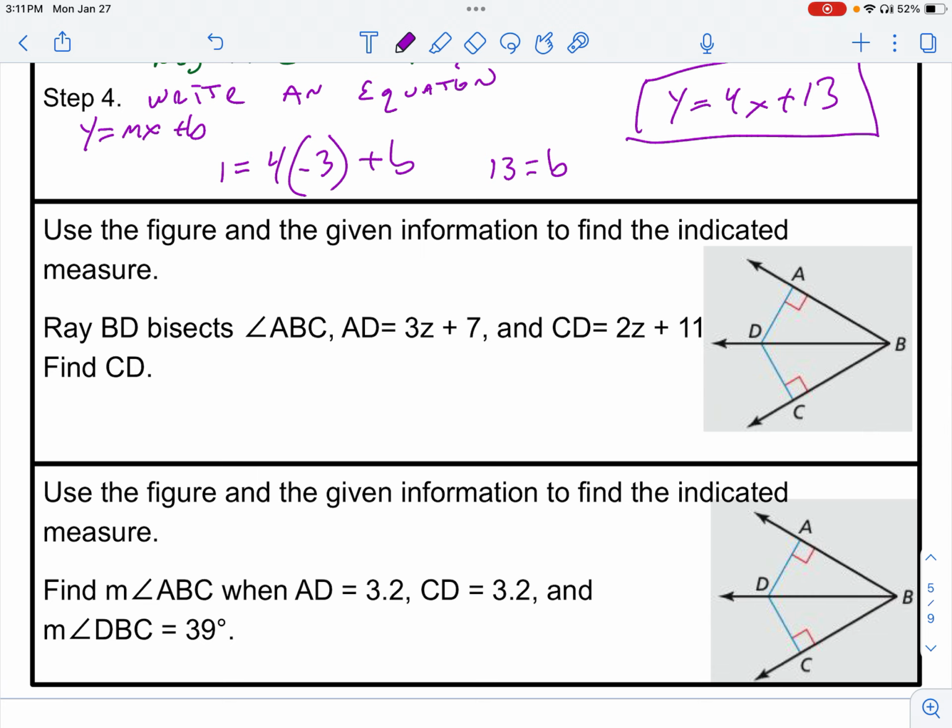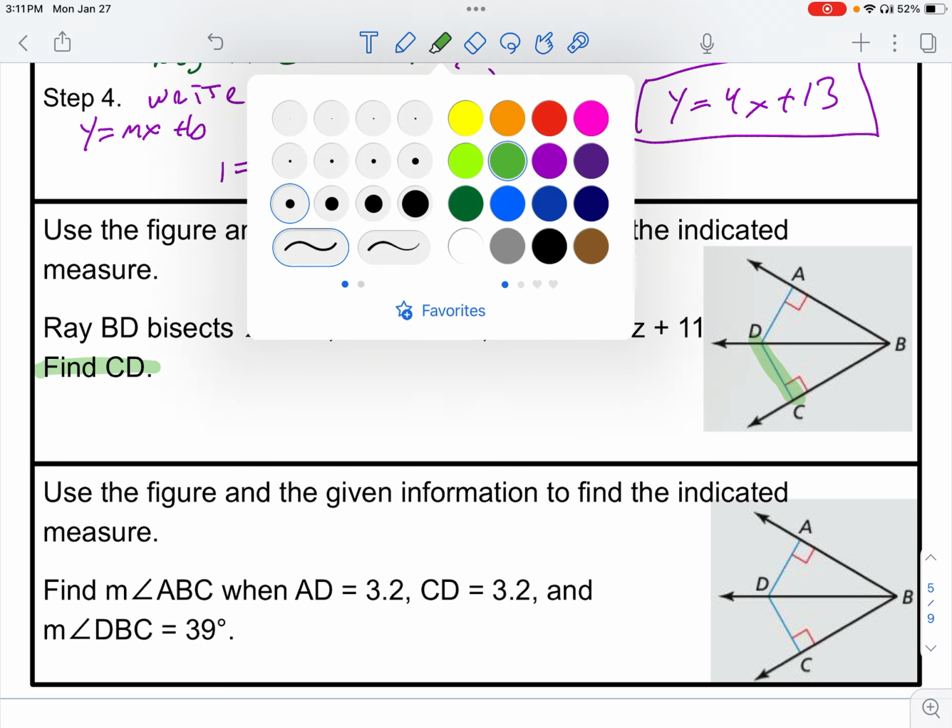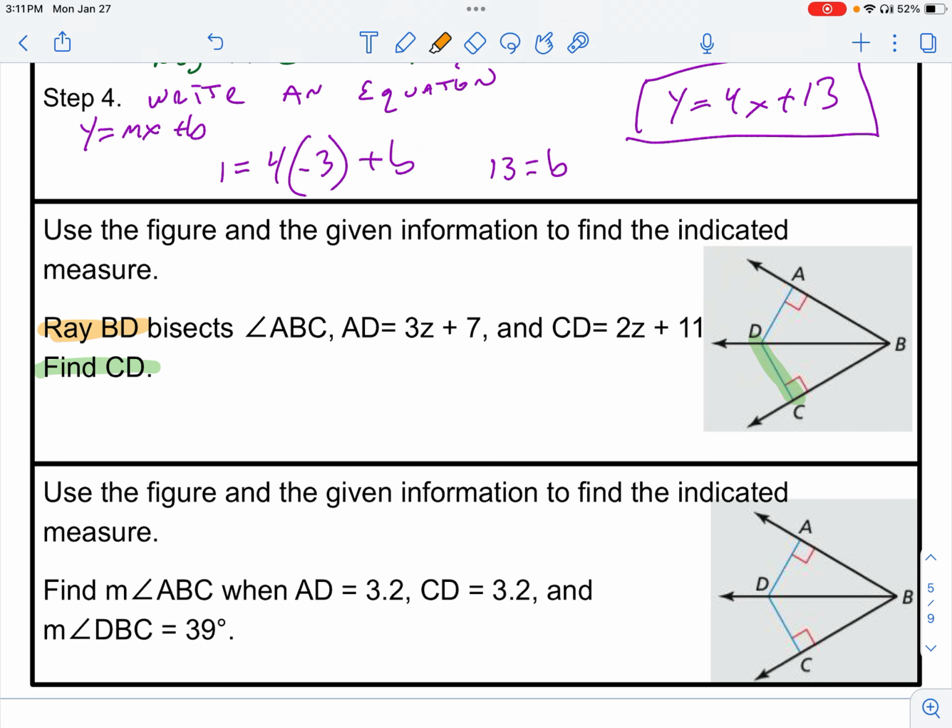Two more and we'll be completed with this section. So let's use the figure and the given information to find the indicated measure. So we want to find CD, which is this guy right here. And we know that ray BD bisects angle ABC. So this is true.